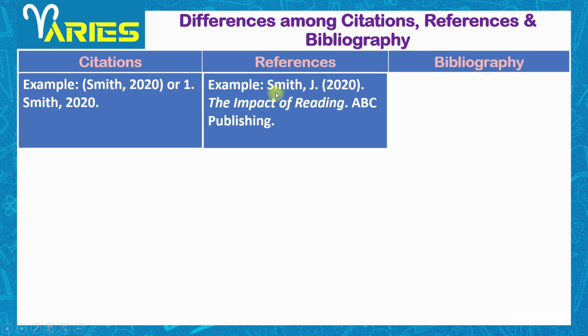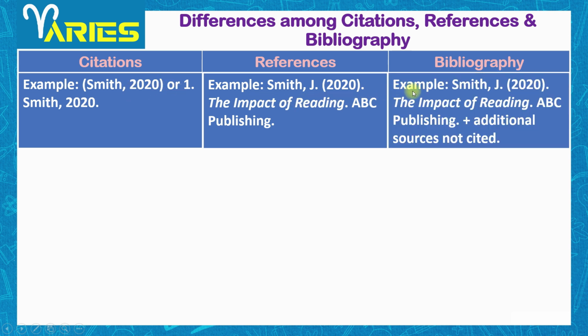But if we talk about reference, it includes the full detail, Smith J 2020. This is the title of the paper, the impact of reading, and then the publisher, that is ABC Publishing. So the full information about the source appears in the reference, whereas the hint about the source appears in the citation.